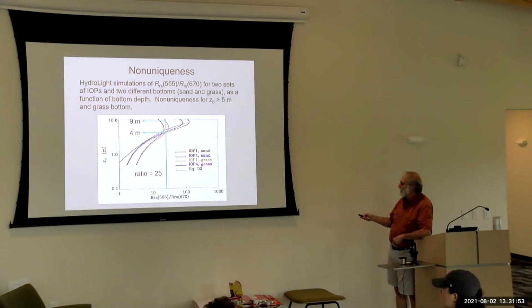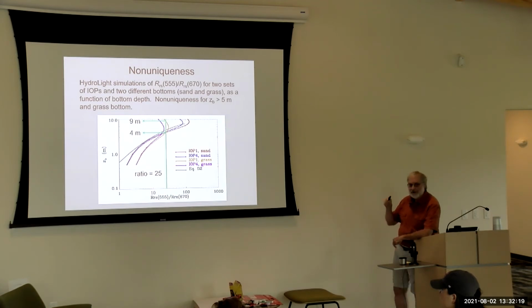But if I take that same set of IOPs, and I put the grass bottom on it. So that's the area that was dark in the image and where the retrieval failed. Look what happens. So the ratio, this kind of yellowish color, comes up and kind of curves back. And so for a ratio of 25, I could either have a 4-meter depth bottom or I could have a 9-meter depth bottom.